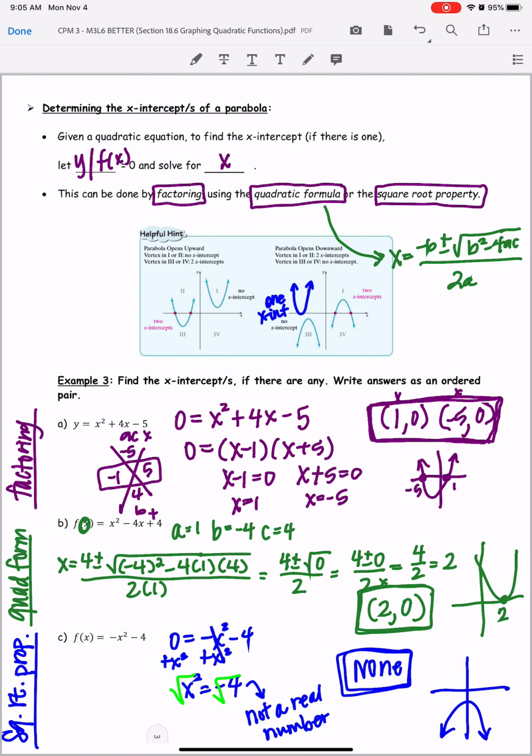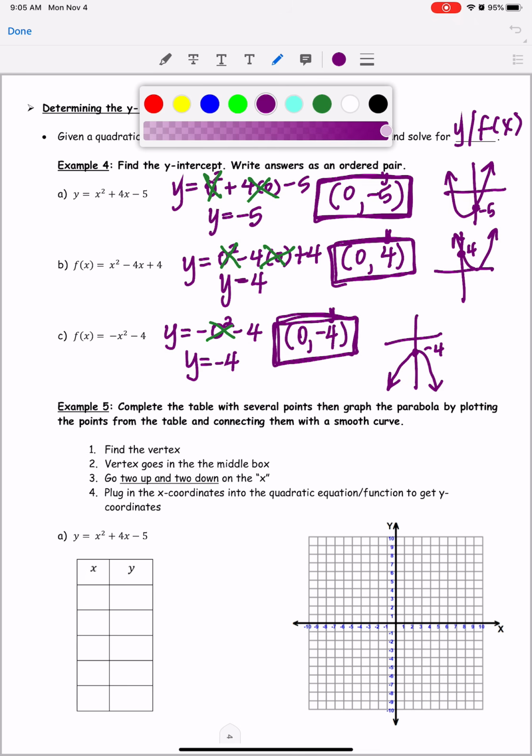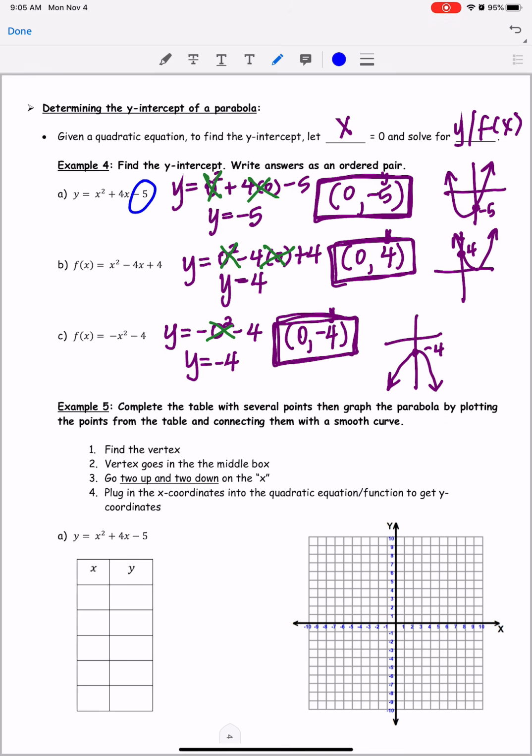We found the x-intercept by having y or f of x equal 0 and solving for x. We've got 3 different ways to solve for x: factoring, quadratic formula, or square root property. And then we determined the y-intercept by plugging in 0 for your x. And if you notice, every single time my y equaled whatever that constant was.